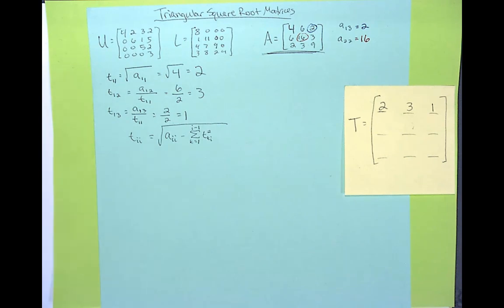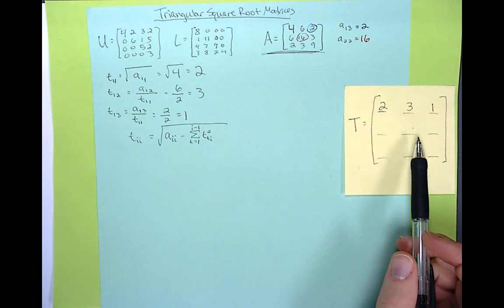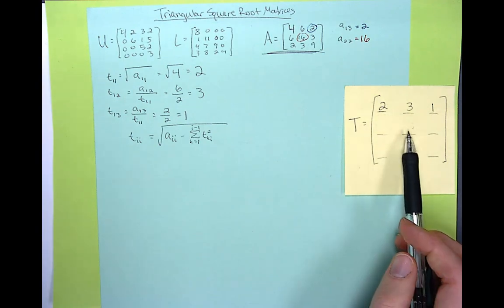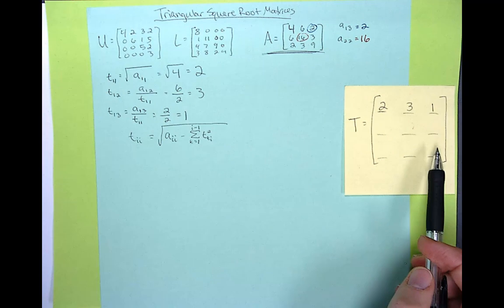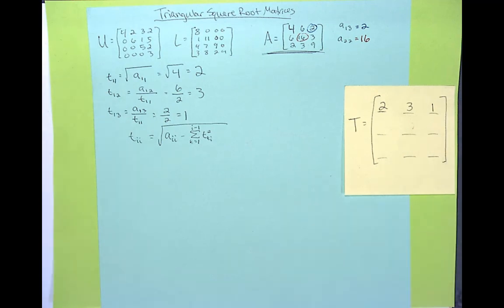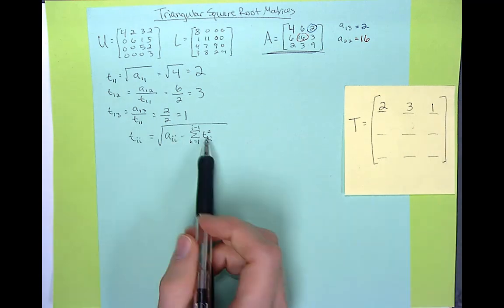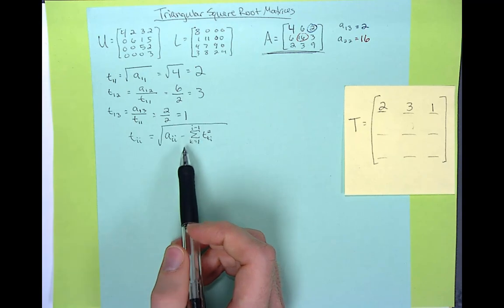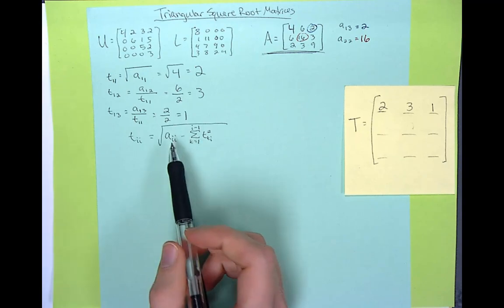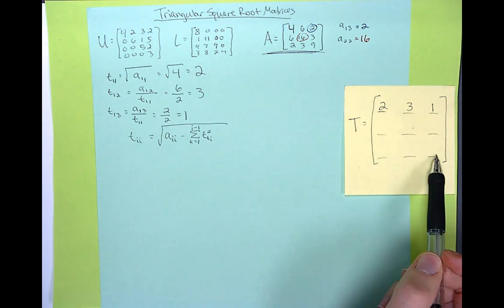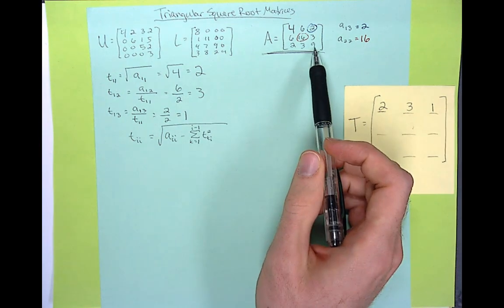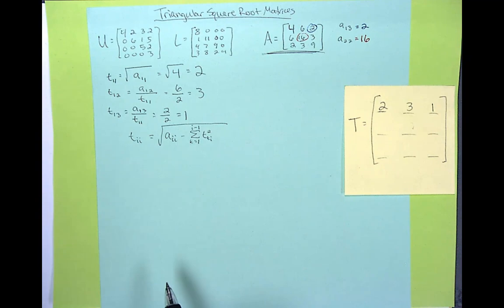So the T diagonal elements after the first one, once again T22 and T33, are found by taking the square root of a quantity. The quantity is the corresponding element in A, so for 22 and 33, this would be 16 and 9, adjusted by subtracting from it the sum of squares of all the elements in T that are above the location of the new desired element.